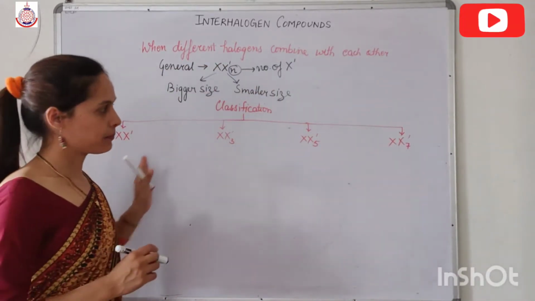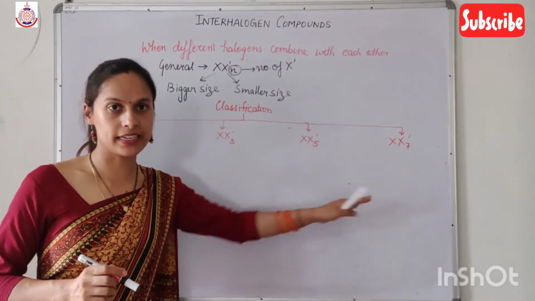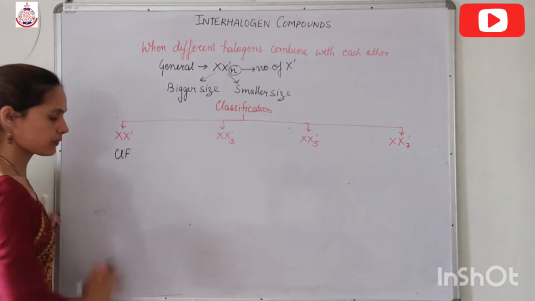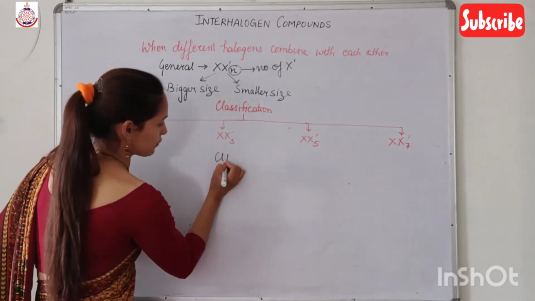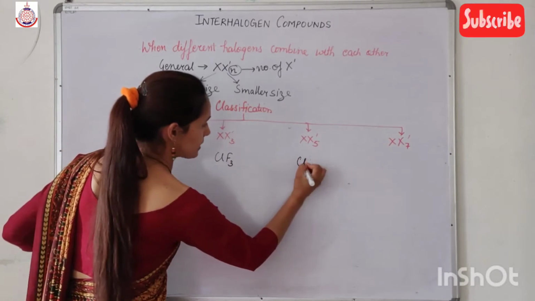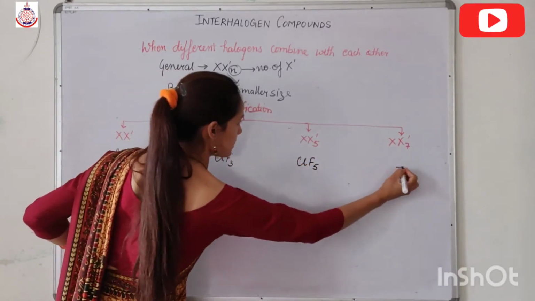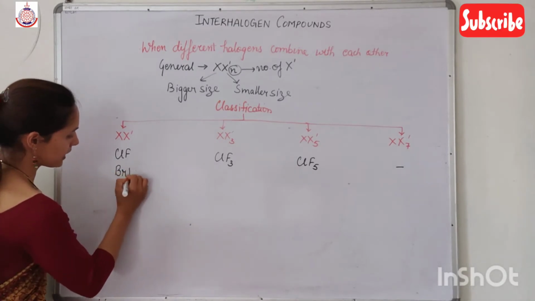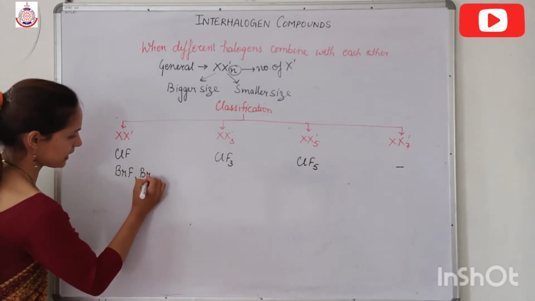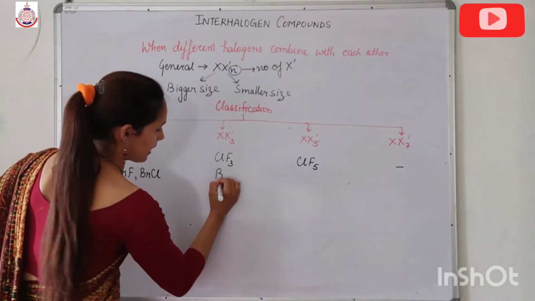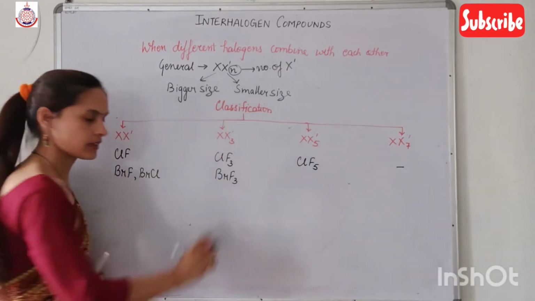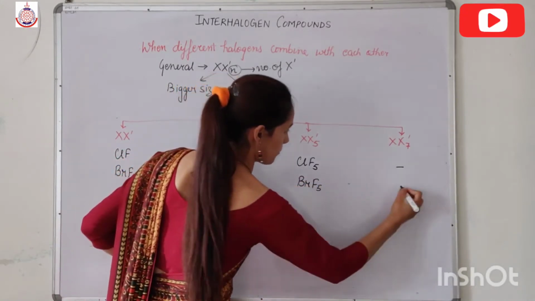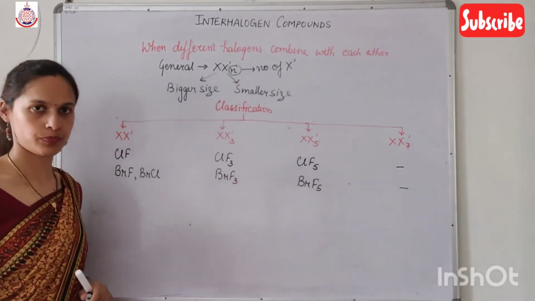Now, the examples of these different interhalogen compounds are: first, we get ClF, ClF3 and ClF5, but we don't get ClF7. Next, we get BrF, BrCl, BrF3 and BrF5, but not BrF7.